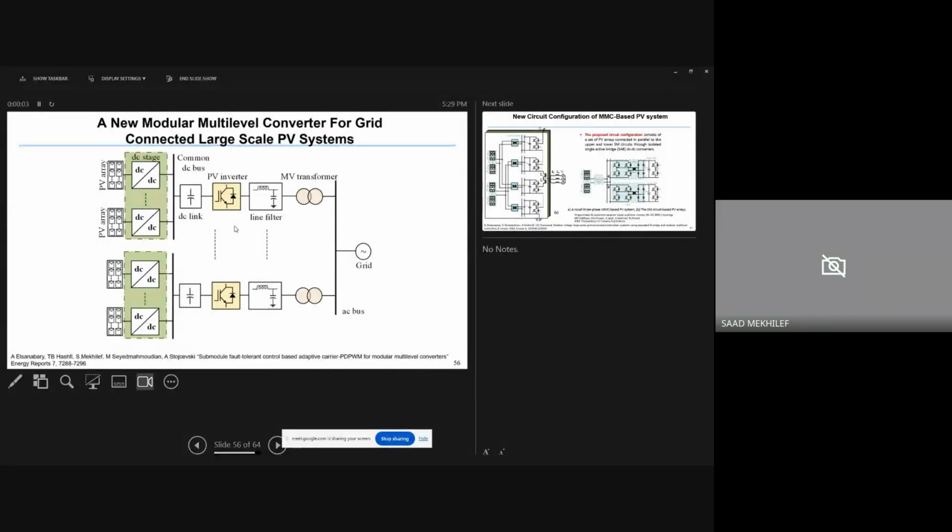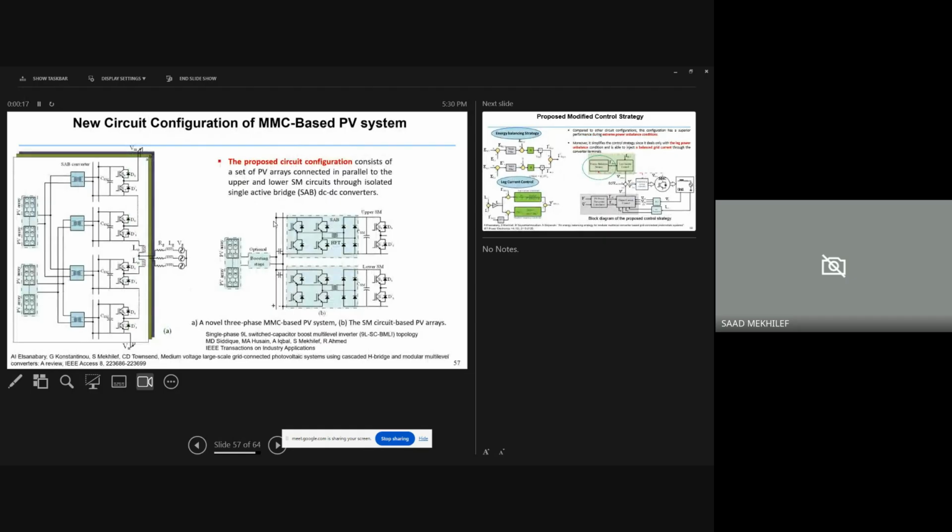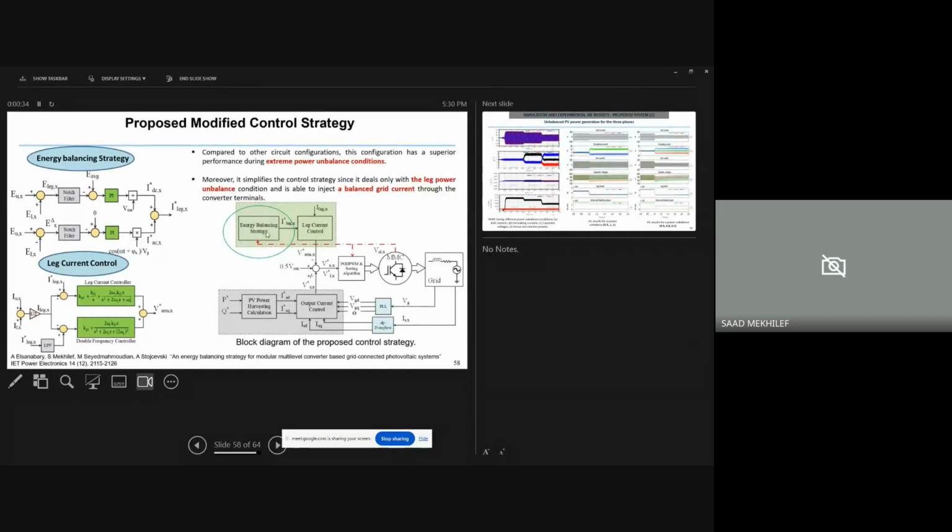So this is one of the works we have done in our lab, where we have modular multilevel converters for grid-connected large PV, and which can also be used for wind farms. You see here, this is using an H-bridge, so automatically you will have a problem of circulating current. What we propose is a new topology, and we have two issues here.